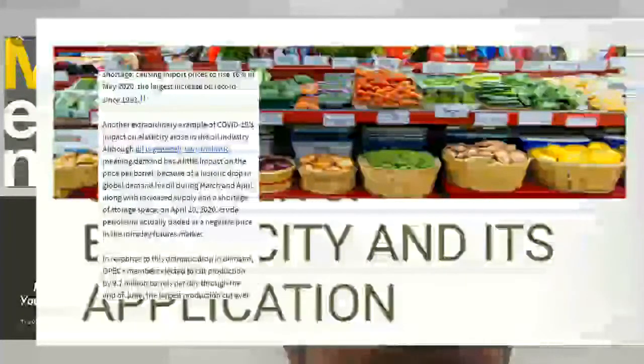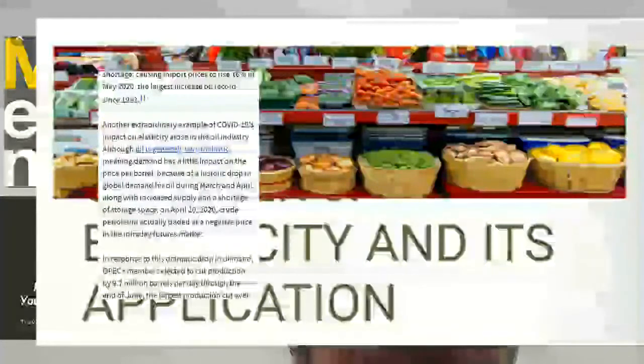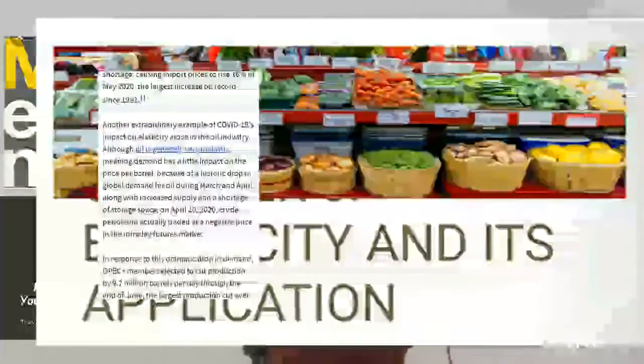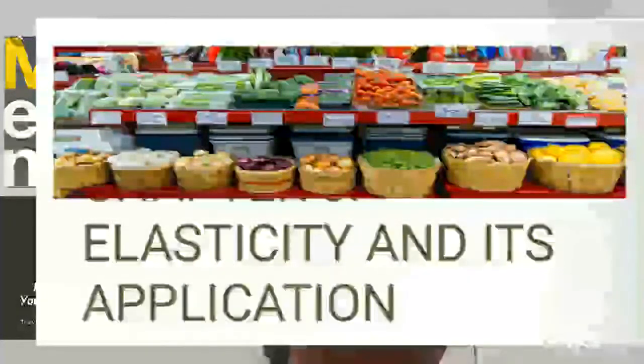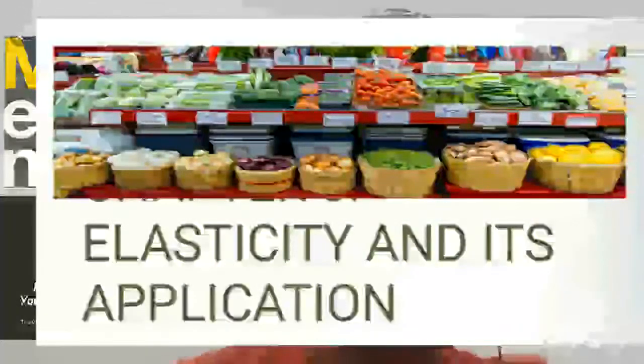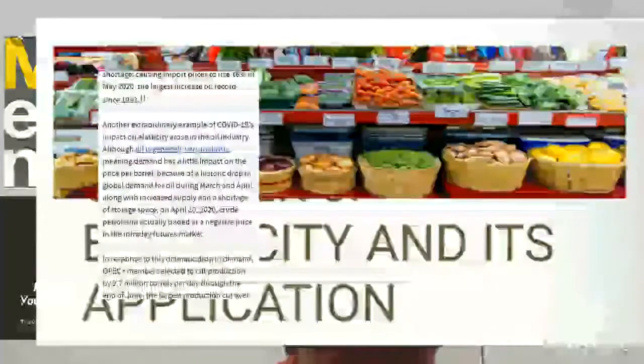So in response po to this dramatic drop in demand po, OPEC members elected to cut production by 9.7 million barrels per day through the end of June, the largest production cut ever. All right.